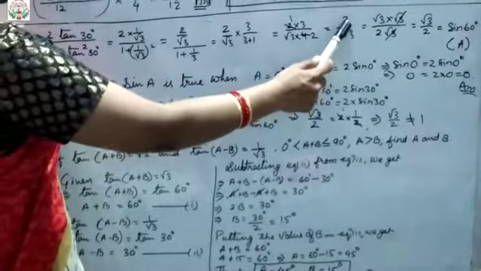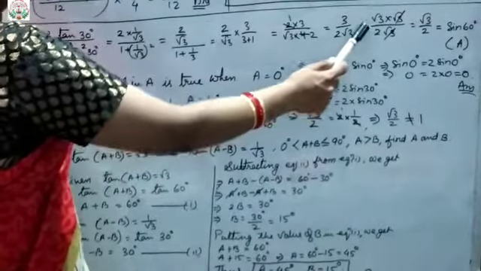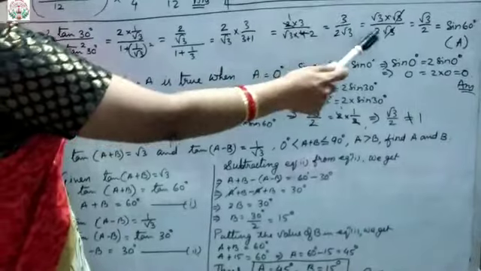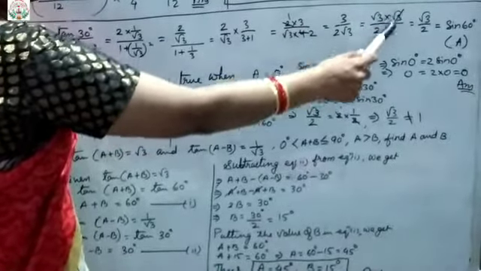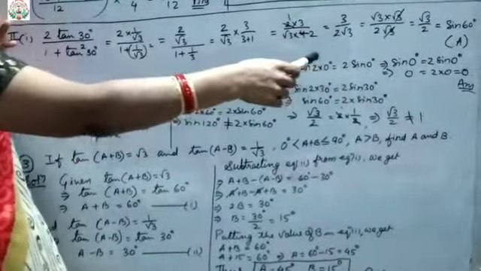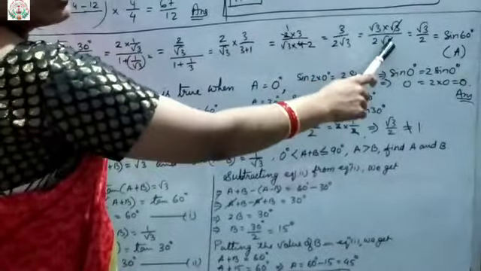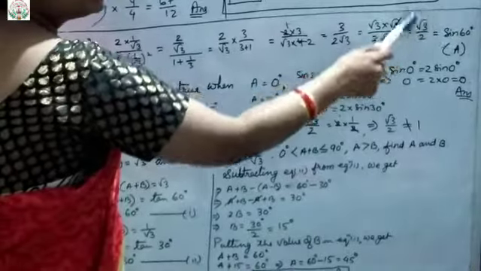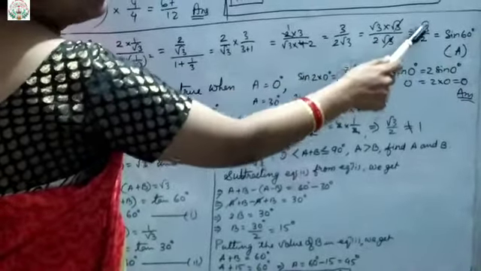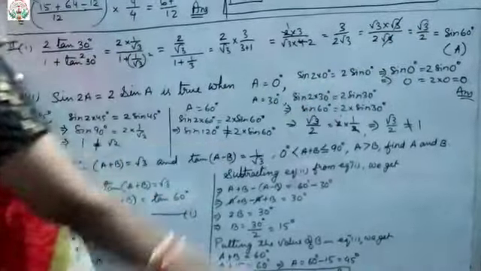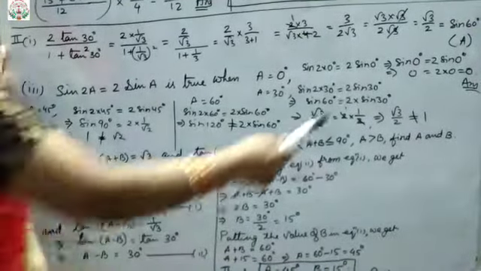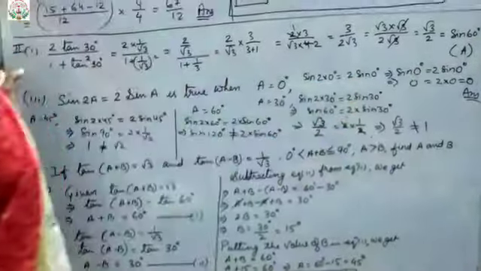You can see 3 upon 2 root 3. So 3 can be written as root 3 into root 3, so that 3 will be cancelled with the numerator and denominator. What is left out? Root 3 upon 2. So which value is this in sin? Sin 60 value is root 3 upon 2. So in the book, see which option is that? In option A it is given sin 60.